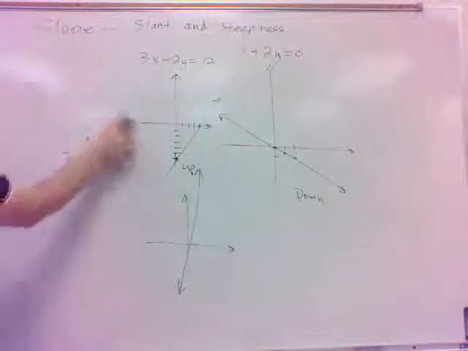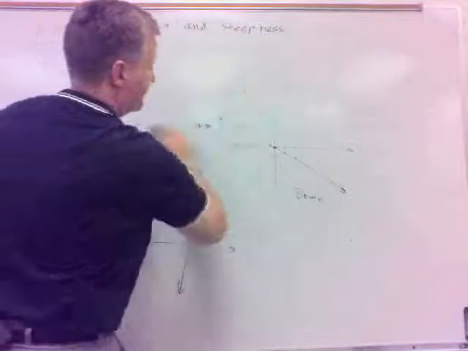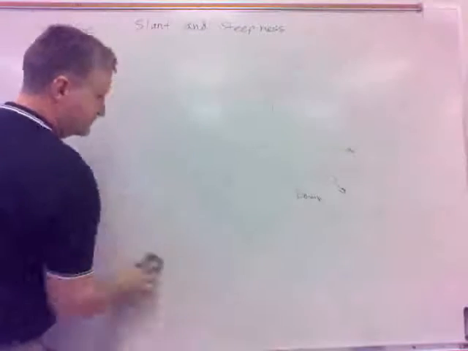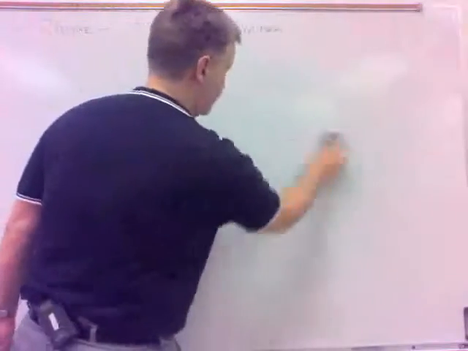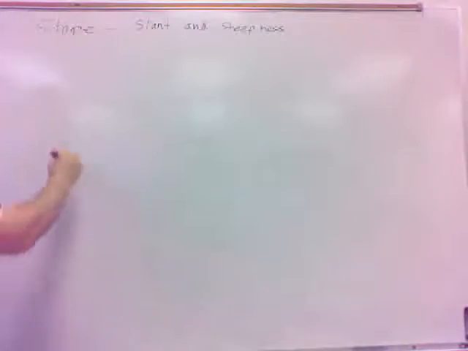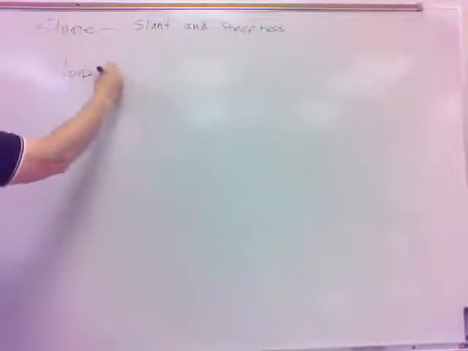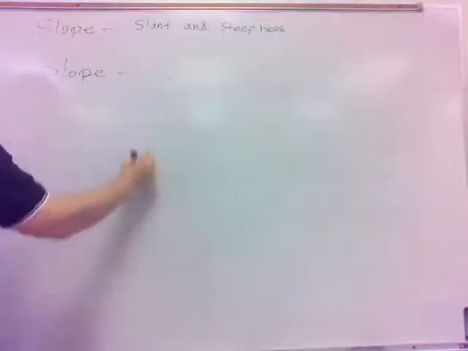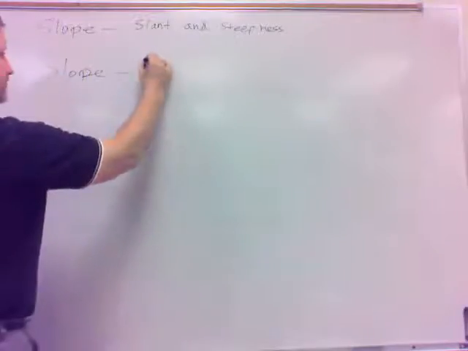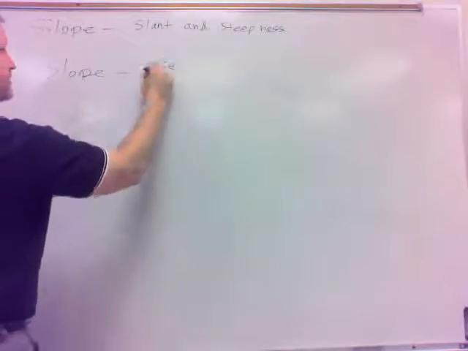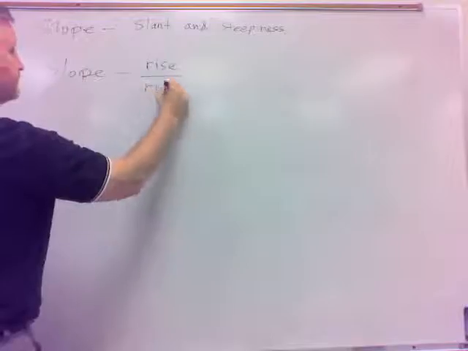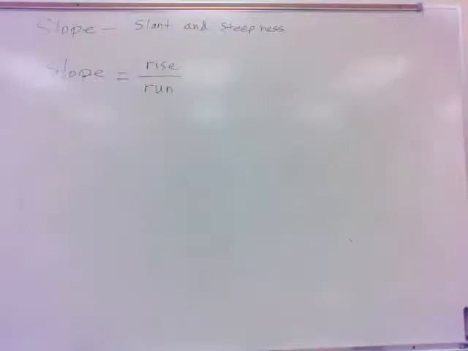Well, here's a couple of definitions, I guess, if you will, in addition to that one. One way slope is known is what's known as rise over run. The slope of a line is a ratio of these two quantities.